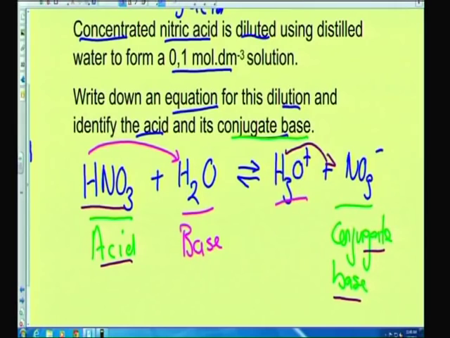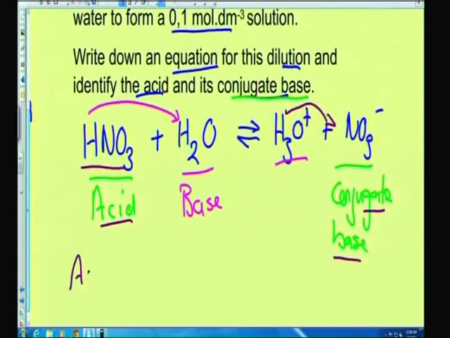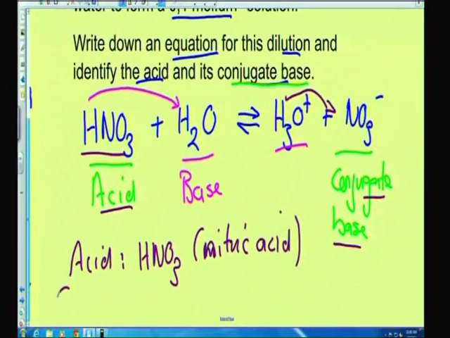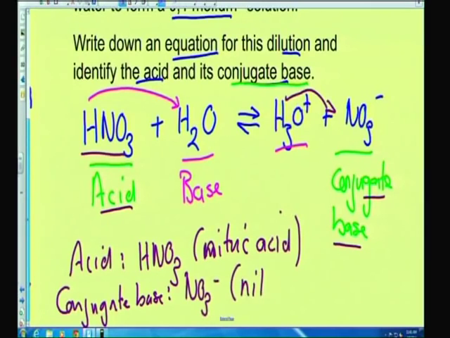So the acid is nitric acid, HNO3, and the conjugate base is NO3-, which is the nitrate ion.